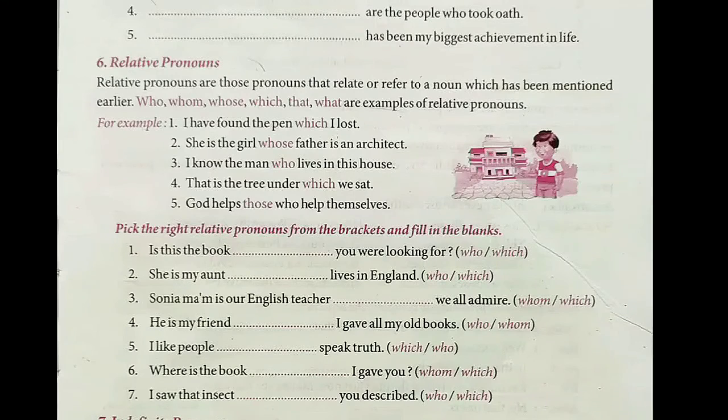The sixth type is relative pronoun. Relative pronouns are those pronouns that relate or refer to a noun. The pronoun is related to a noun which has been mentioned earlier. When we have mentioned the noun earlier, and again when we are talking, we are relating it, and at that time when the pronoun is used, it is a relative pronoun.